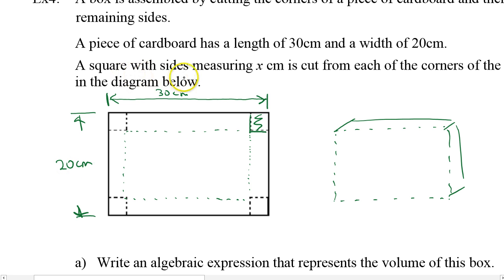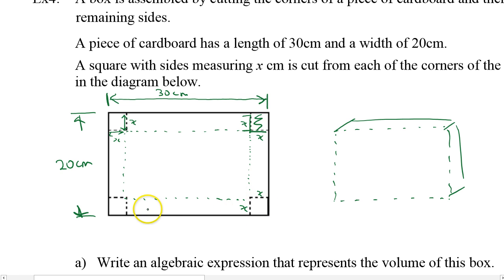And the square, which is cut out, is x long. So each one of these sides here is x. So x would be this distance here, and also x would be this distance here. So each of these small little pieces here is x.